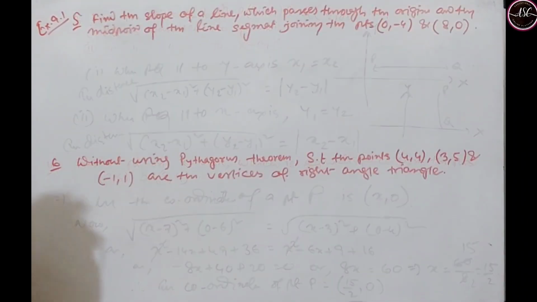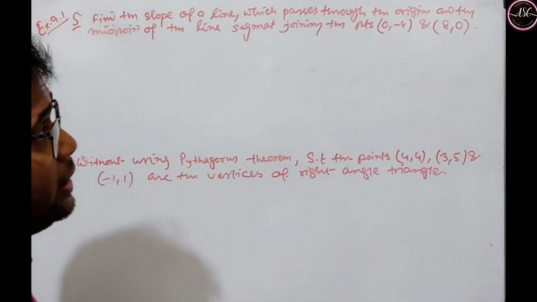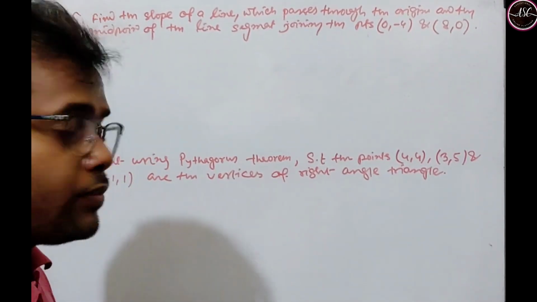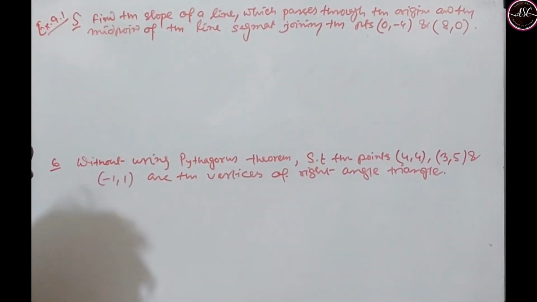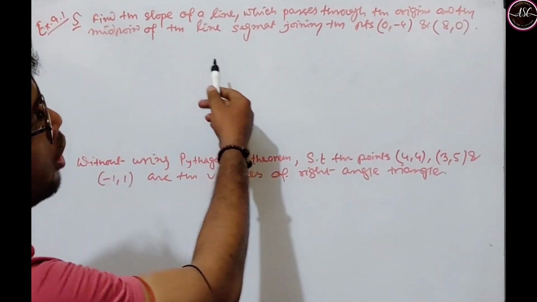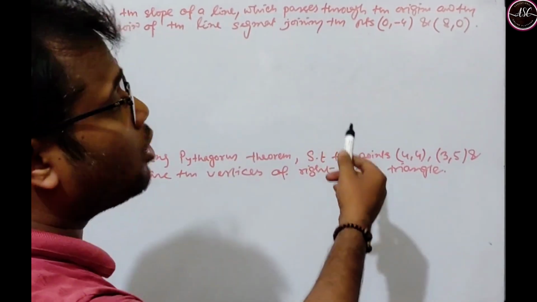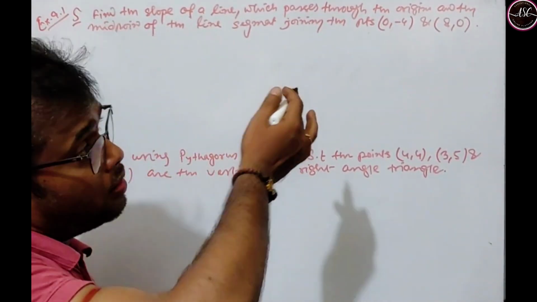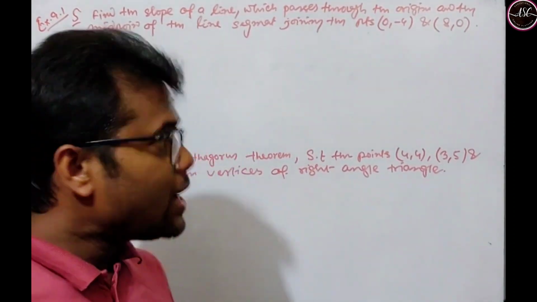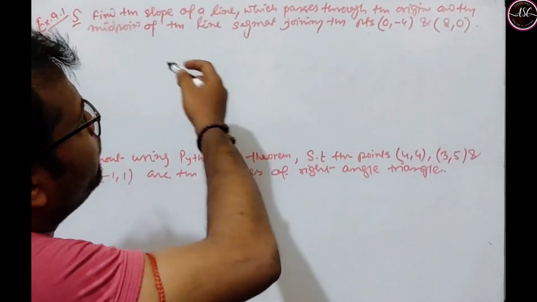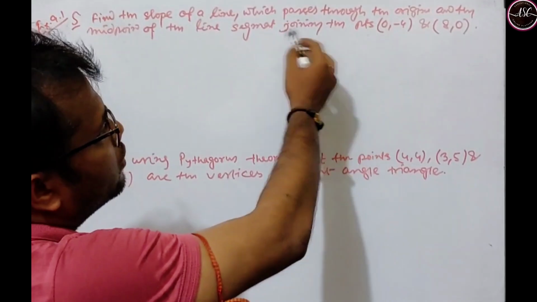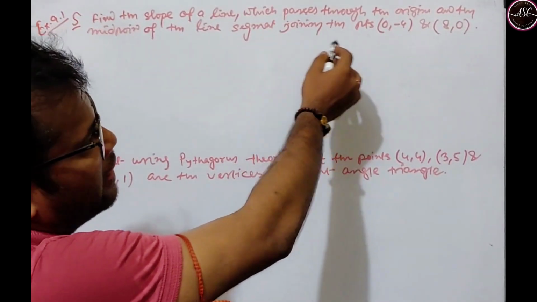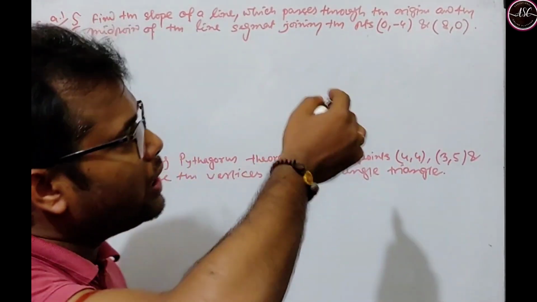Okay. Just look at this question. Find the slope of a line which passes through the origin and the midpoint of the line segment joining the points 0, minus 4 and 8, 0. So we already know the coordinate of the origin is 0, 0 and we have to find the midpoint of the line segment joining 0, minus 4 and 8, 0.